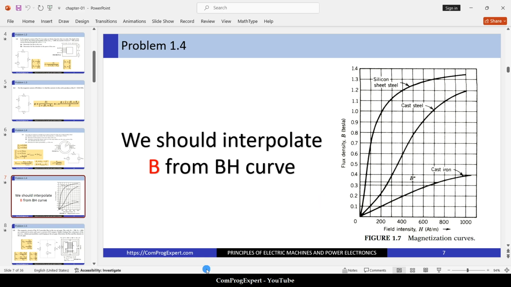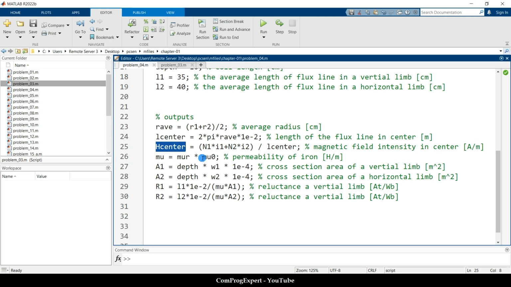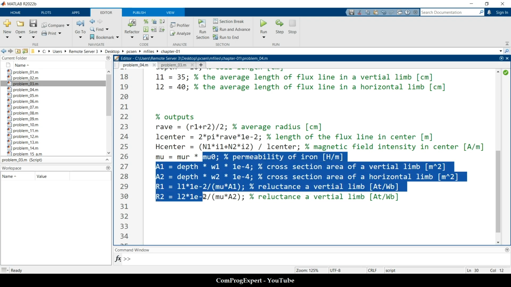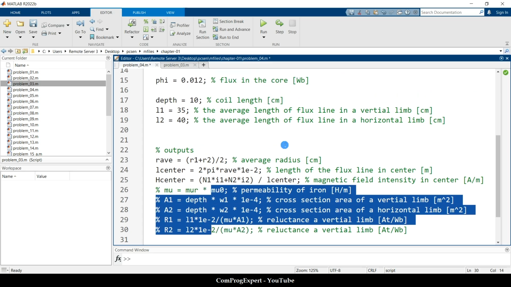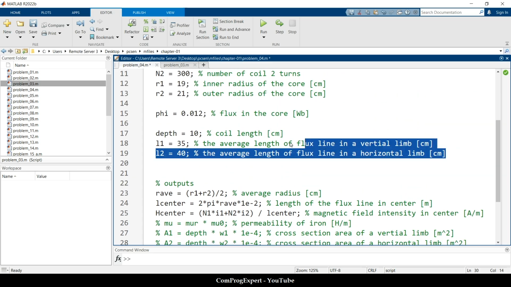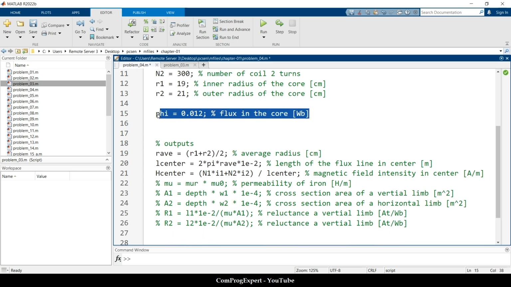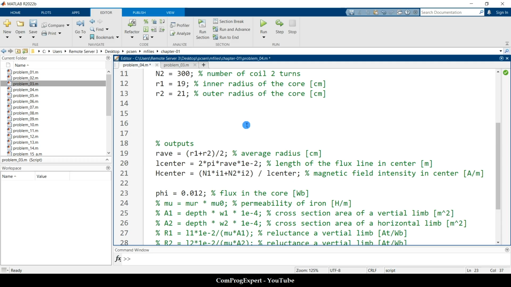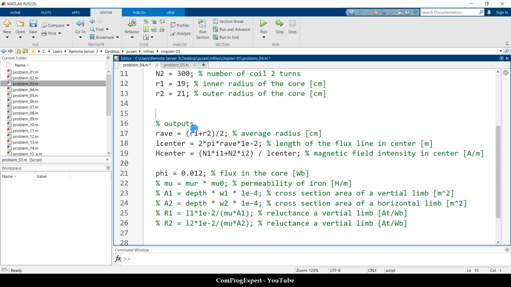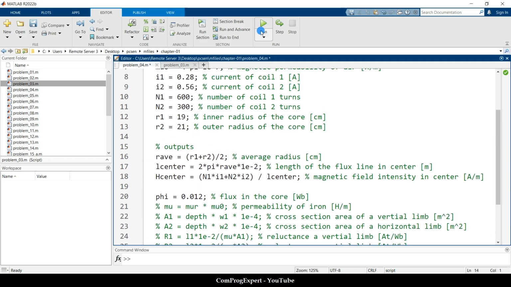Here, let me highlight this part, comment it, and we don't need these 3 lines. Also, I need to calculate phi. So let's run the code.